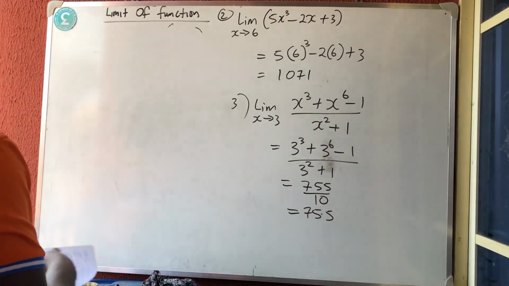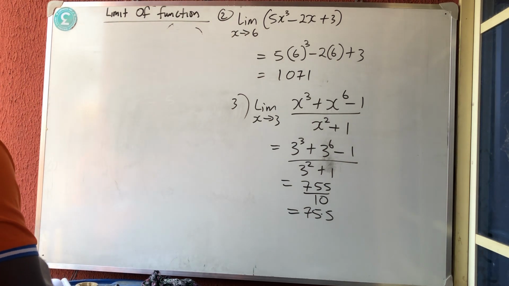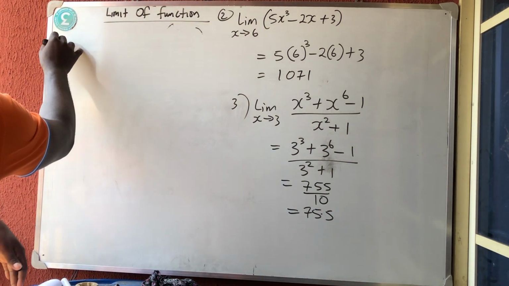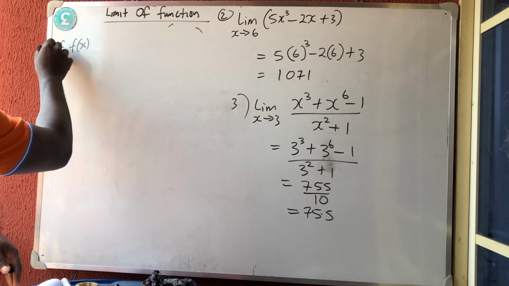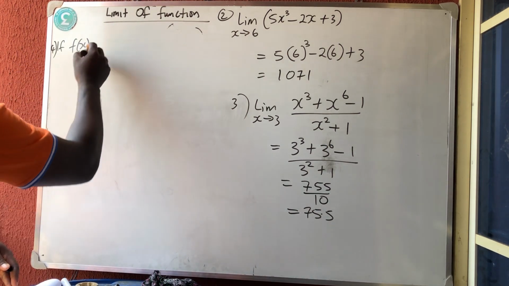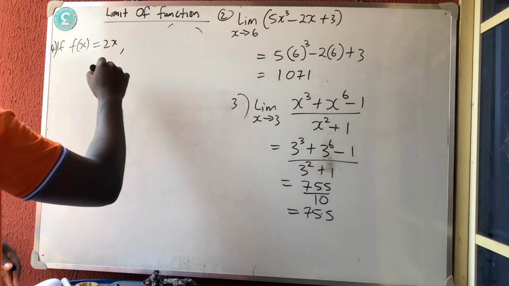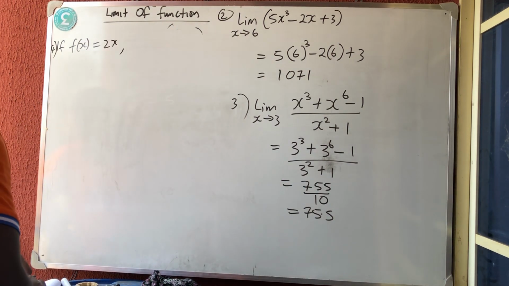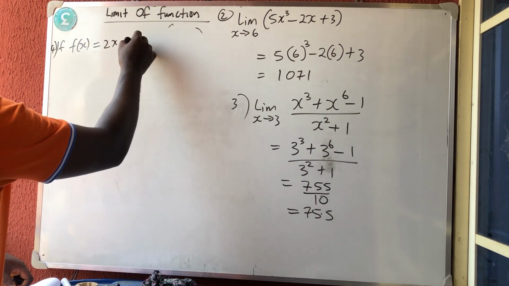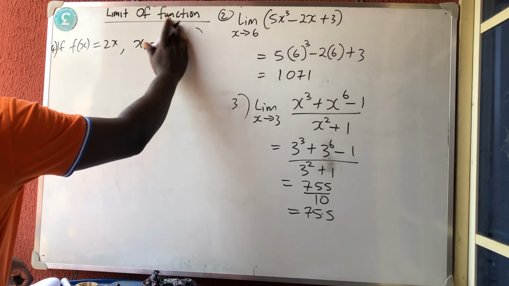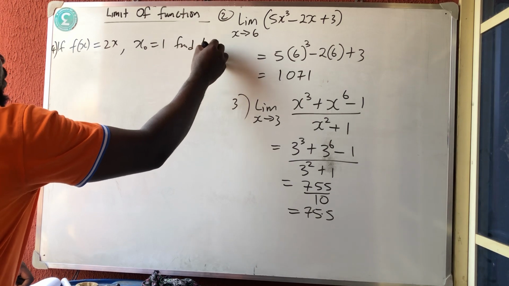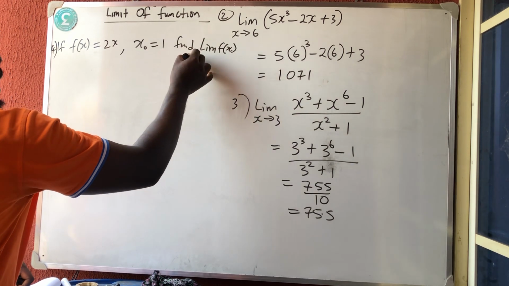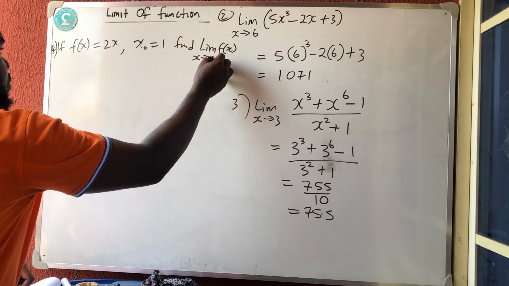So let's continue. Number 4: if f of x is equal to 2x, and x naught is equal to 1, find the limit of f of x as x approaches x naught.